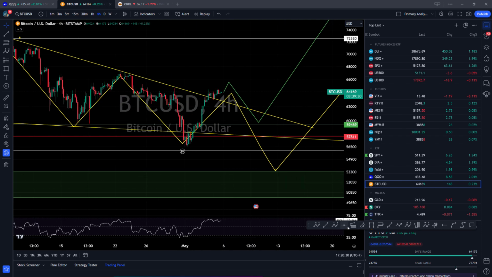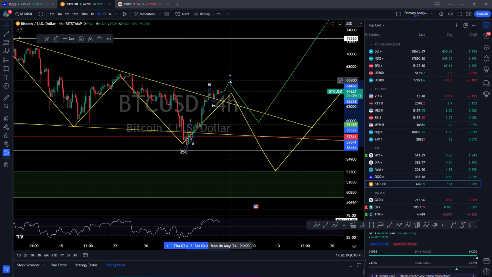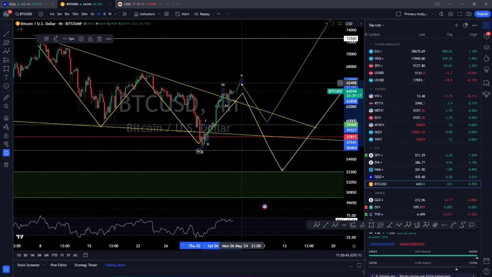You can clearly count this as five waves. And right now, it's doing a fifth wave here, which will be done by tomorrow morning or maybe a little later, and we'll see a drop.